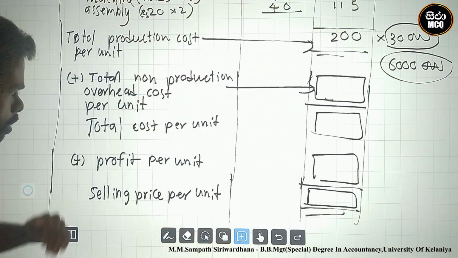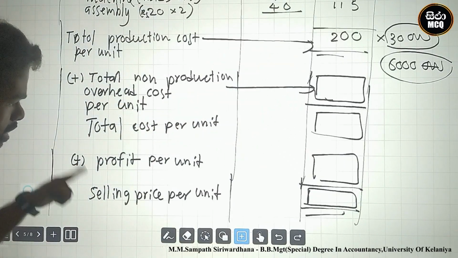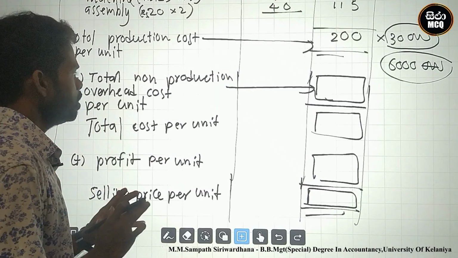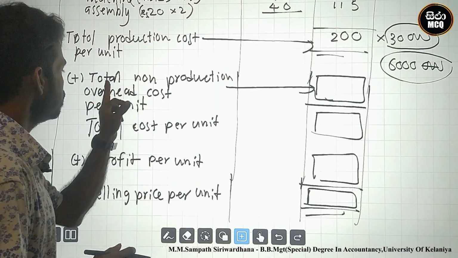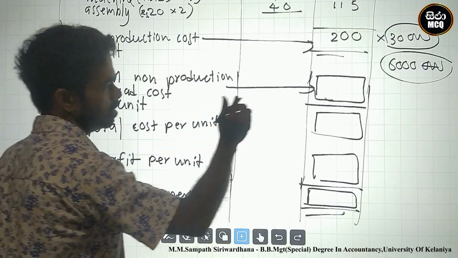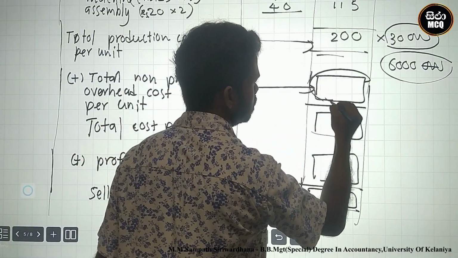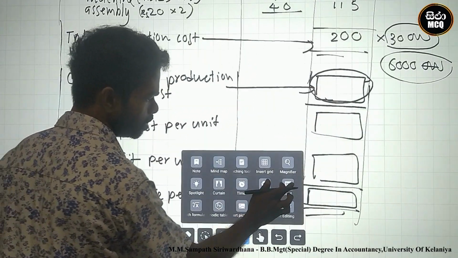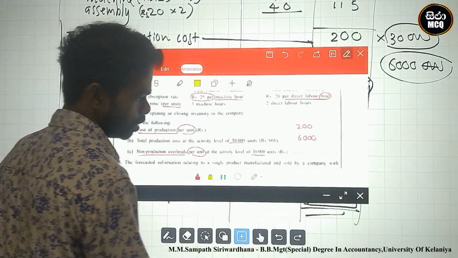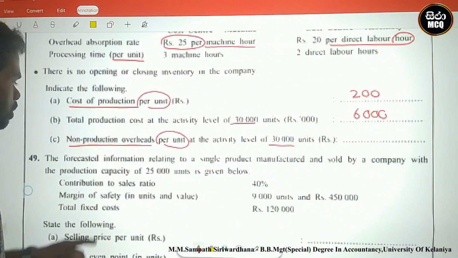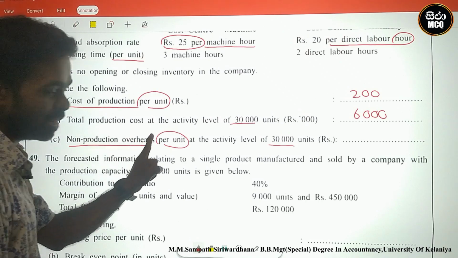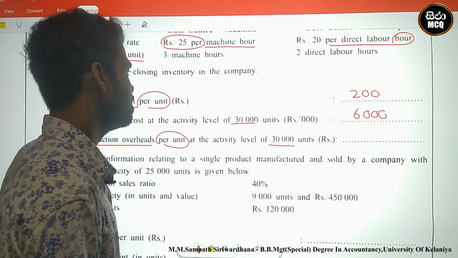After that I add profit per unit. We can calculate selling price. This is our requirement, total non-production cost per unit. Look here, our requirement is total non-production cost. Okay, non-production overhead per unit at the activity level of 30,000.